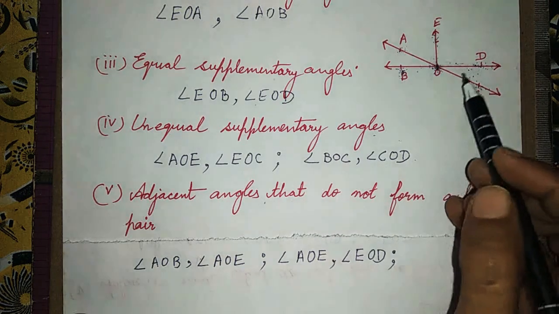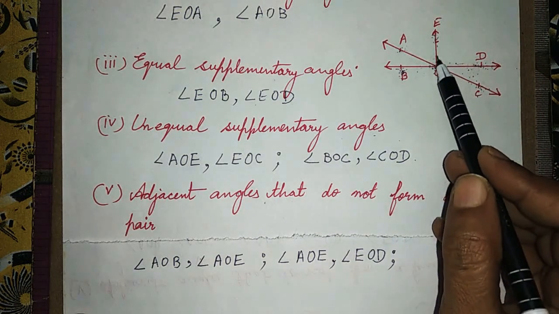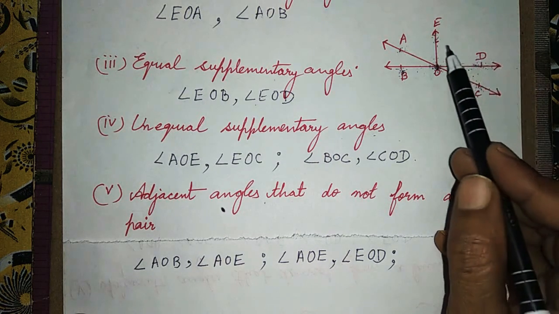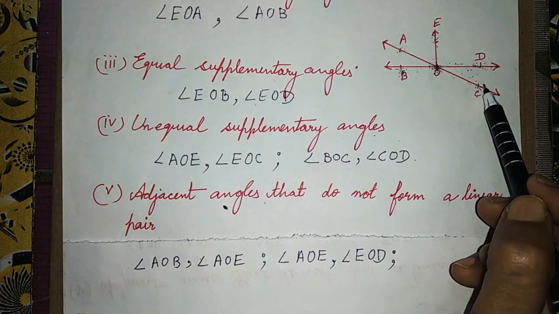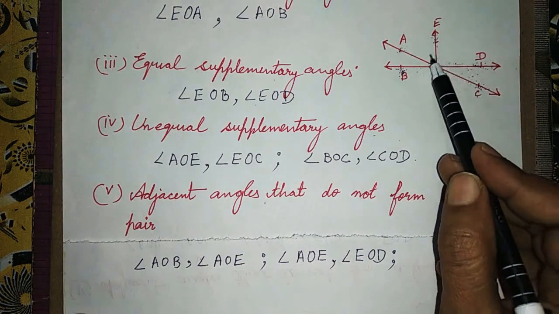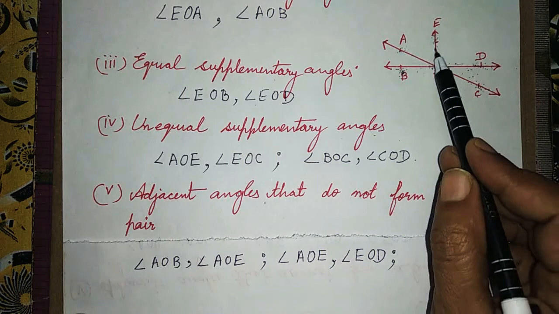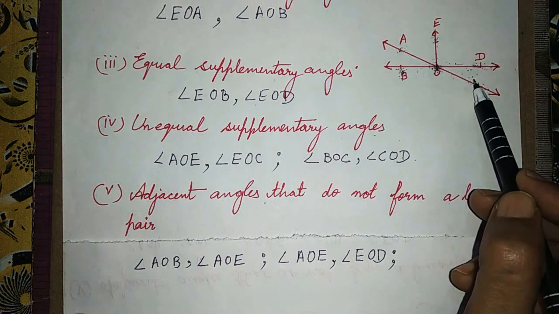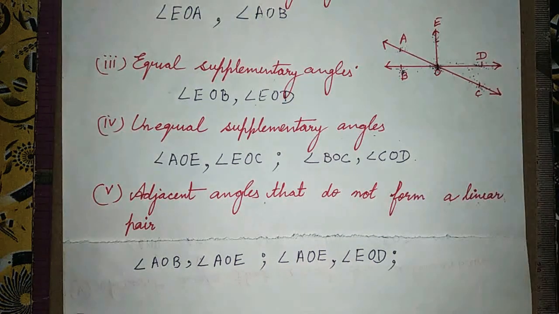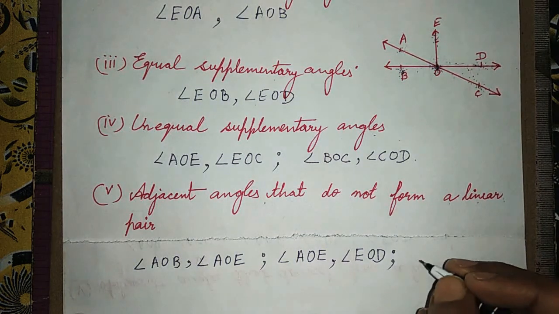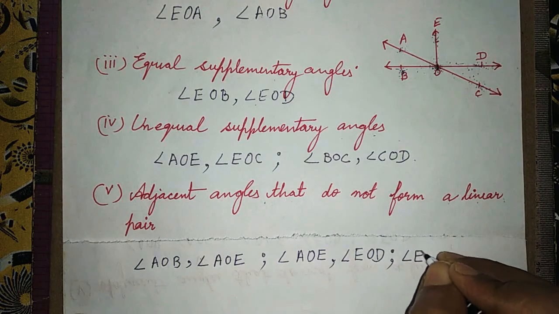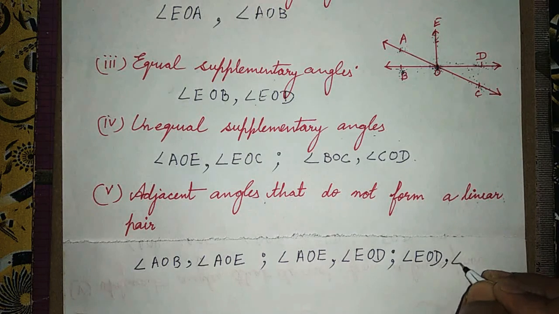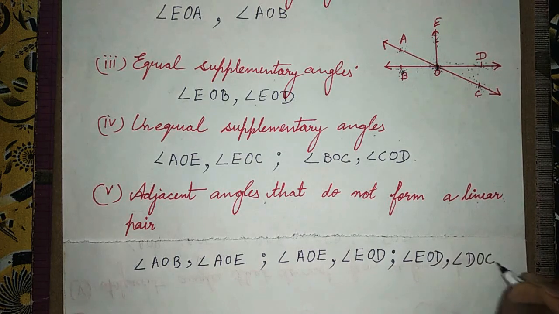One more thing you can say here, their sum is not equal to 180 degrees and they are not on a straight line. So they are not linear but they are adjacent. So this pair also you can take for this part: angle EOD and angle DOC.